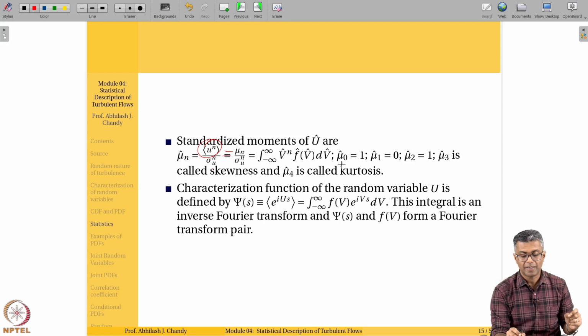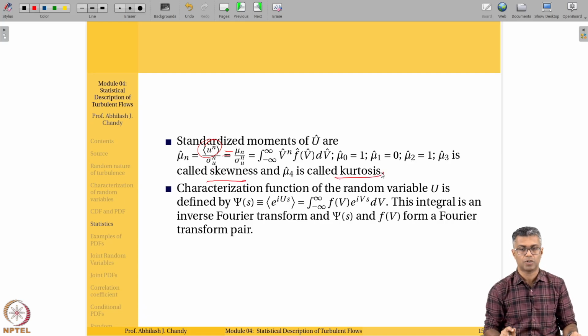So remember, the 0th standardized moment is 1, the first standardized moment is 0, just like previously, and since you have normalized it, the second standardized moment now is 1 again. The third standardized moment is what we call skewness, and the fourth standardized moment is the kurtosis in statistics.